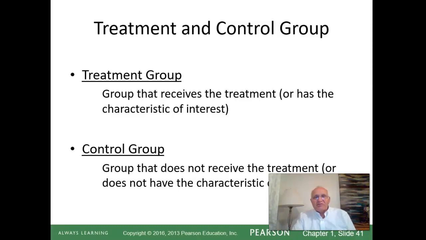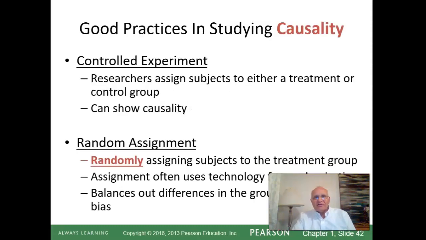So that statement might be a little bit off target here when it says has the characteristic or does not. We have to be careful, because that might not necessarily be an experiment in that case. So just keep that in mind. We're trying to set up an experiment so we can see whether or not what we changed, purposely, has an impact on an output variable of interest.